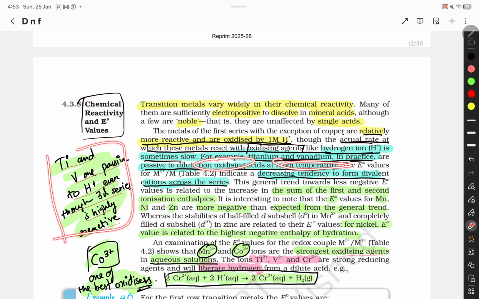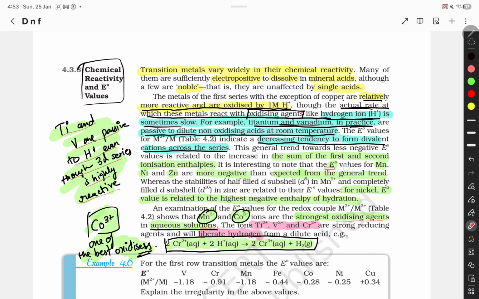Ti and V are passive to H plus, even though the 3D series is highly reactive. Okay, and they have copied these lines from before. E naught values for Mn, Ni, Zn are more negative than expected. For Mn2 plus and zinc, we know it's because of D10, D5, but for nickel, it is related to the highest negative enthalpy of hydration.